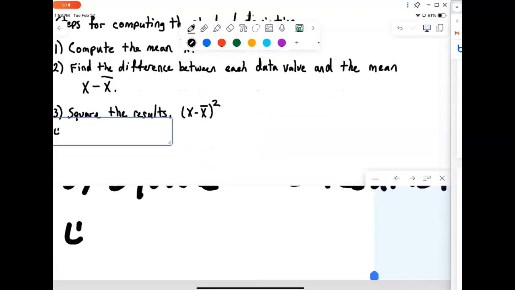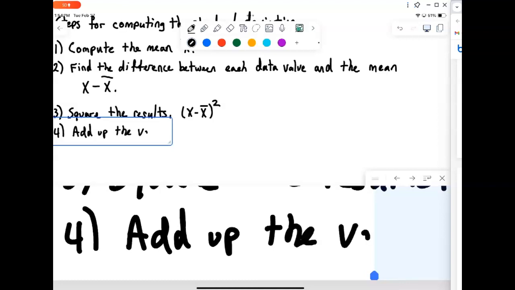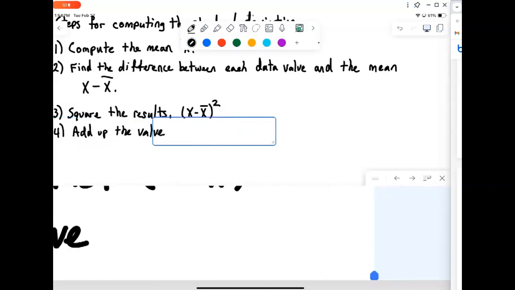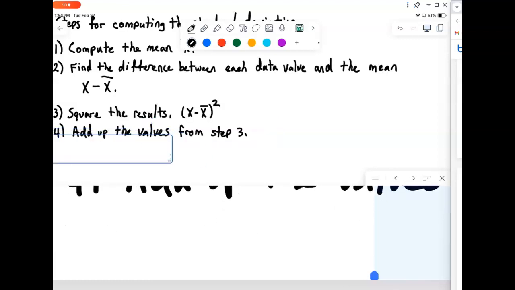Step 4, we add up the values from step 3. Okay.